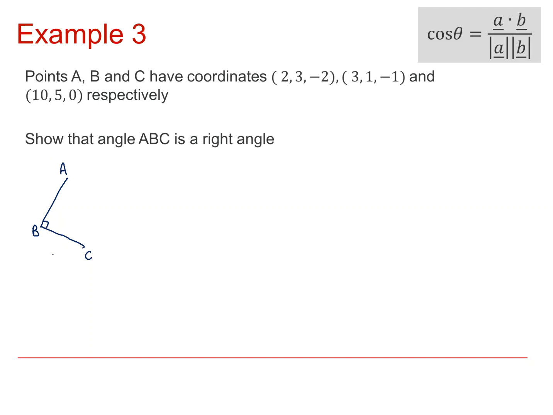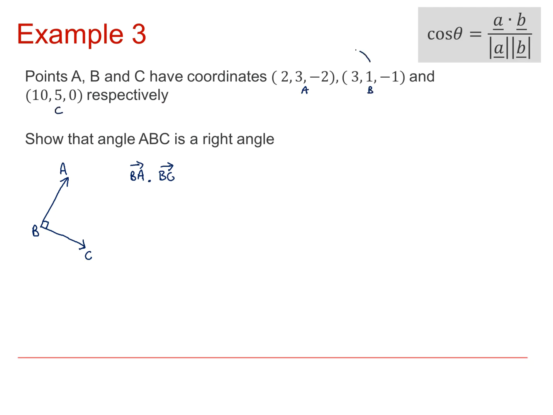If that's the angle in our dot product, then these vectors must either be both going in or both going out. So that means that I need the vector BA and the vector BC. So this one's A, this one's B, this one's C.